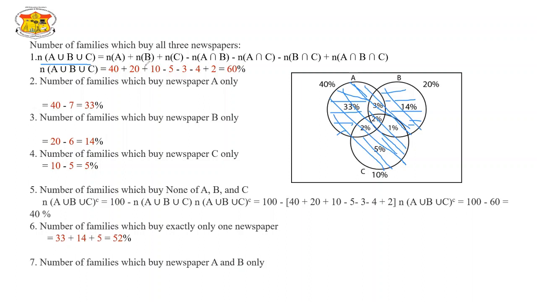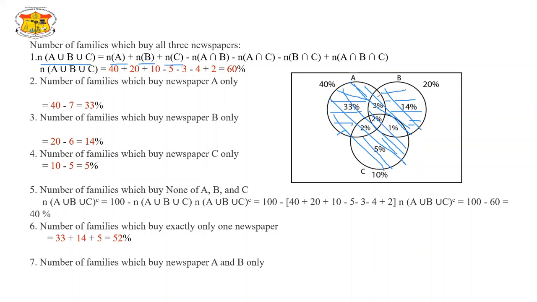So we know the formula. There is the principle of inclusion exclusion theorem: A plus B plus C minus A intersection B minus A intersection C minus B intersection C plus A intersection B intersection C. We know the value of each term. A is 40%, B is 20%, C is 10%, already given.